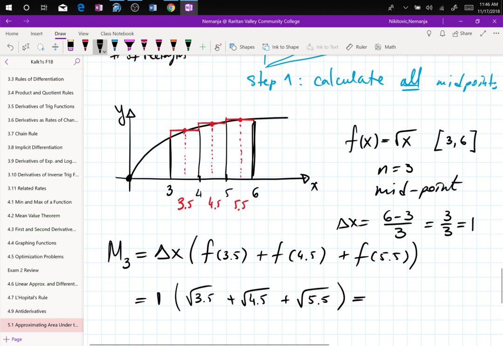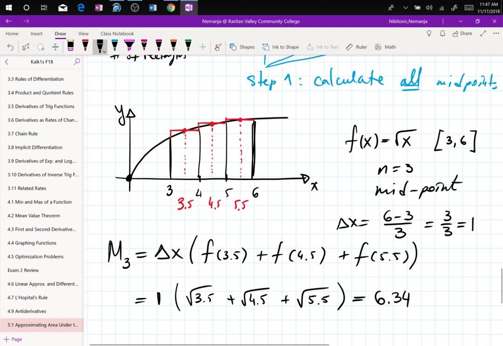So square root of 3.5 is, let's see, about 6.34. So that's what the area is.